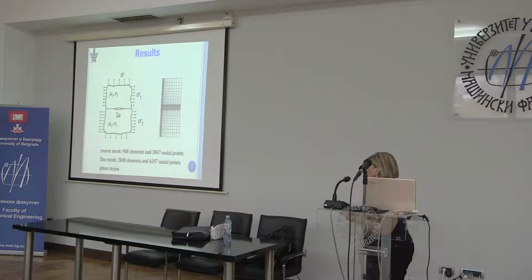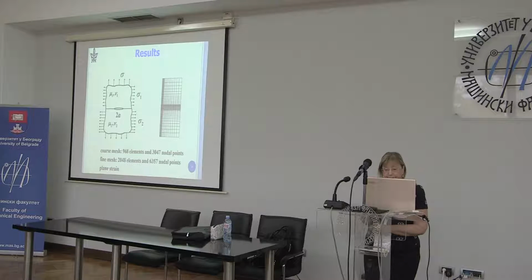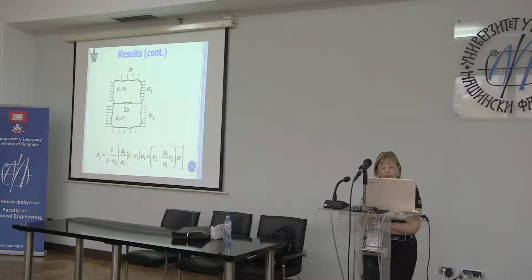It's small, and we had a coarse mesh and a fine mesh. And we did plane strain, and we used quarter point elements around the crack tip to give us a square root singularity. It doesn't give us the oscillatory part, but it works fairly well.